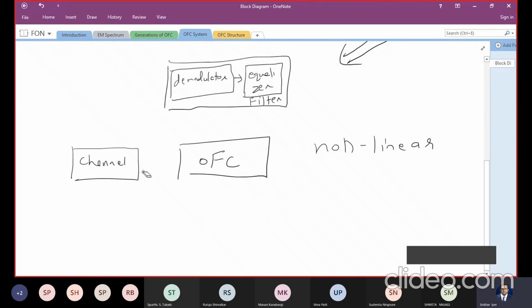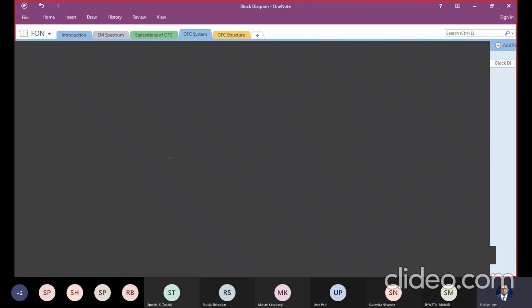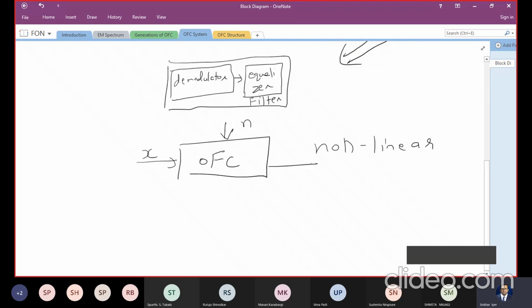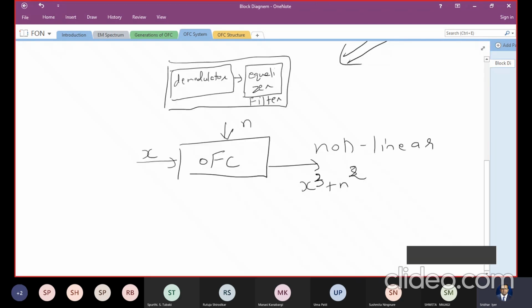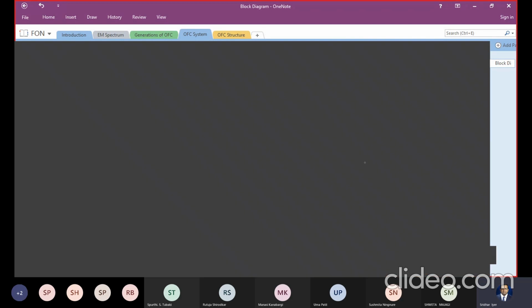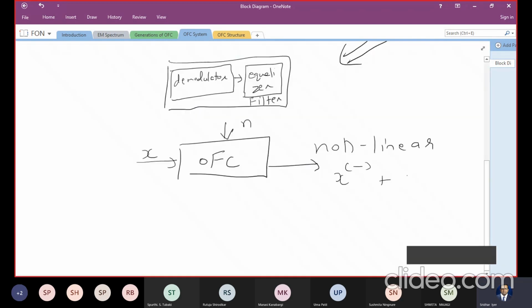So what happens here in the OFC, if the input is X, if the noise is N, the output is not X plus N, it is some X square plus N cube, or it could be X cube plus N square, X raised to 4 plus N raised to 6. We do not know, right? So the output here will be some X raised to some value plus N raised to some value. It's a non-linear channel, right?